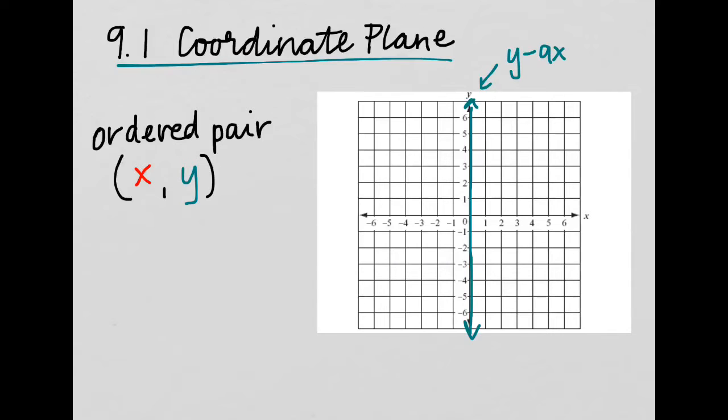The actual line is a y-axis, and that's important because we can actually be on the y-axis. And my x-axis here. Okay, there we go. Now, there's a unique point here, and its coordinates are 0, 0, as you know. And it's called the origin.